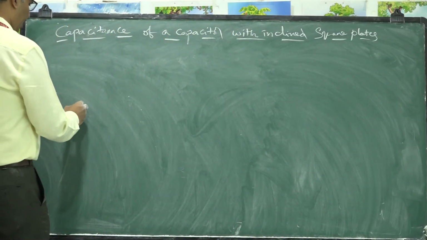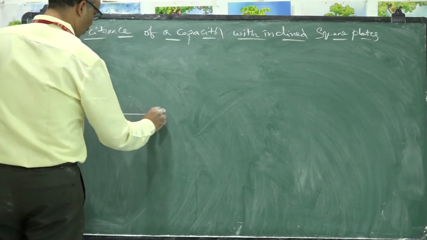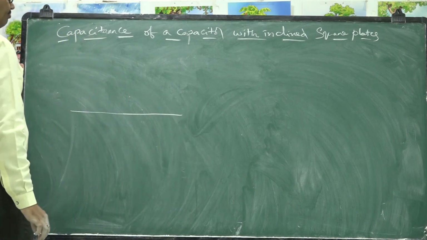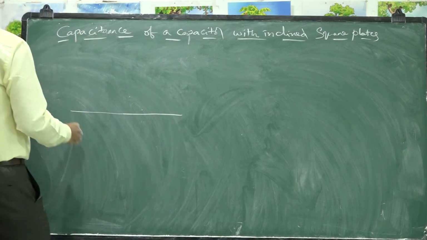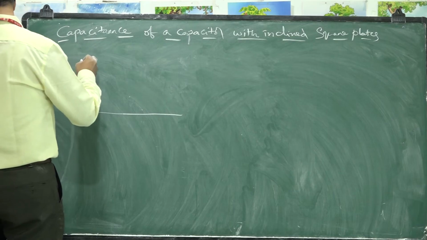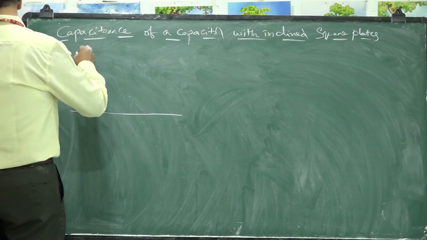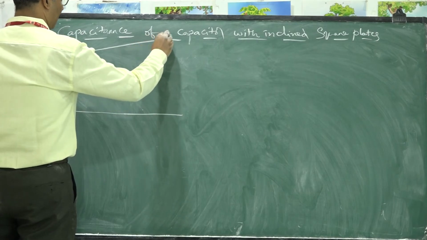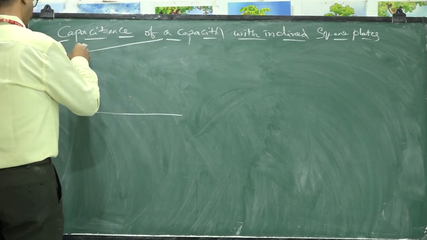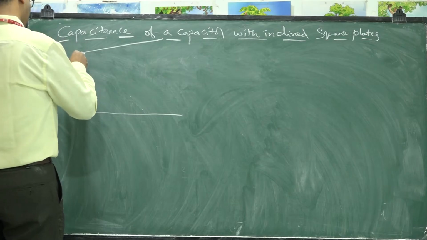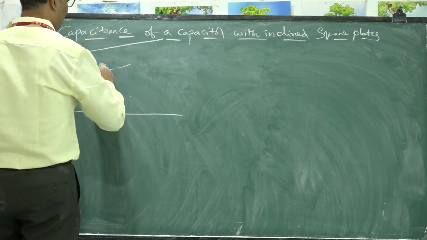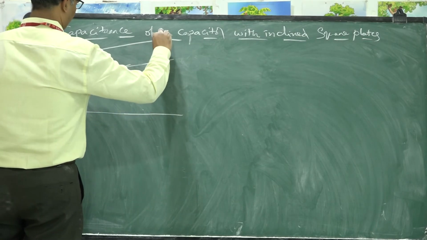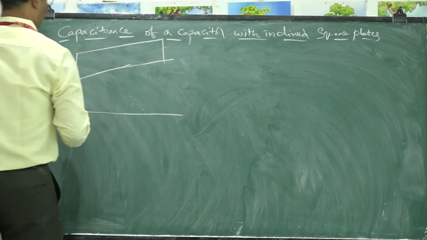So here one plate of the capacitor is horizontally placed, and the other plate is something like this, like this.